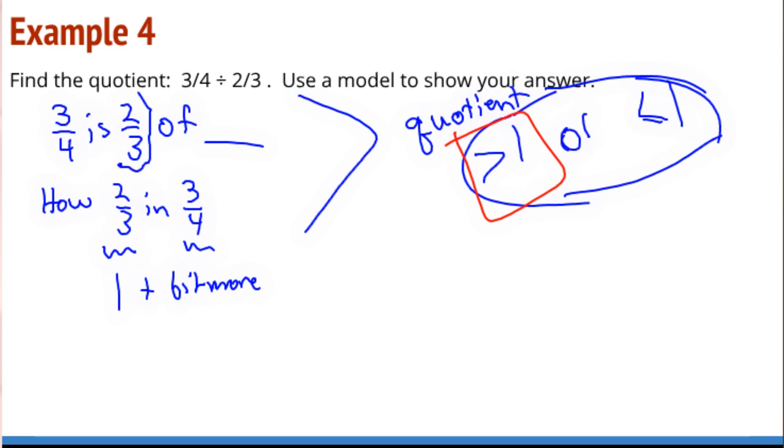Three-fourths is 2/3 of some number. So 3/4 is only part of it, and I have to add some more. So I'm going to think here that that extra third to get to 3/3 is going to make the number greater than 3/4. So I'm looking and thinking that the quotient is going to be greater than 1.